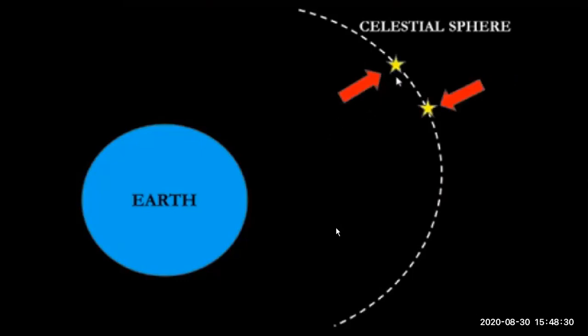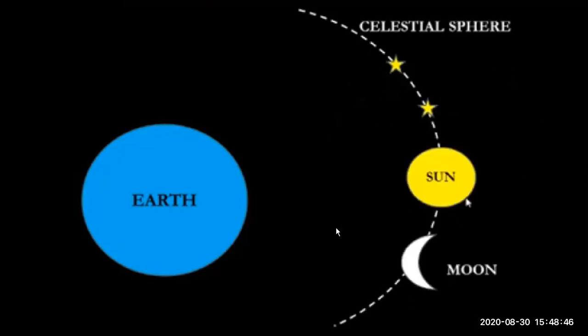So for studying celestial navigation, we have to assume that all heavenly bodies, stars, moon, sun, planets are all on the celestial sphere, which is an imaginary constant sphere concentric to the earth at an infinite radius. So all planets are projected on, or assumed to be on, the celestial sphere. So this is all about the celestial sphere.